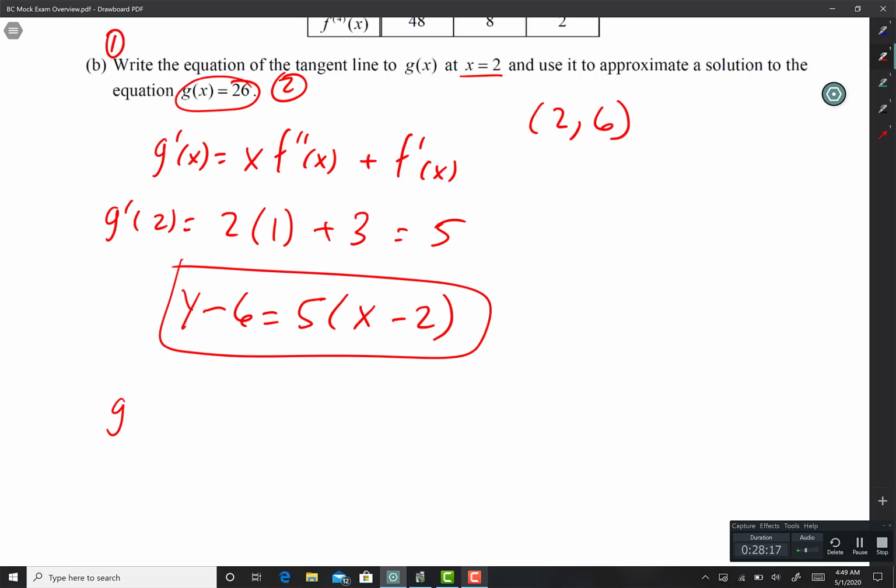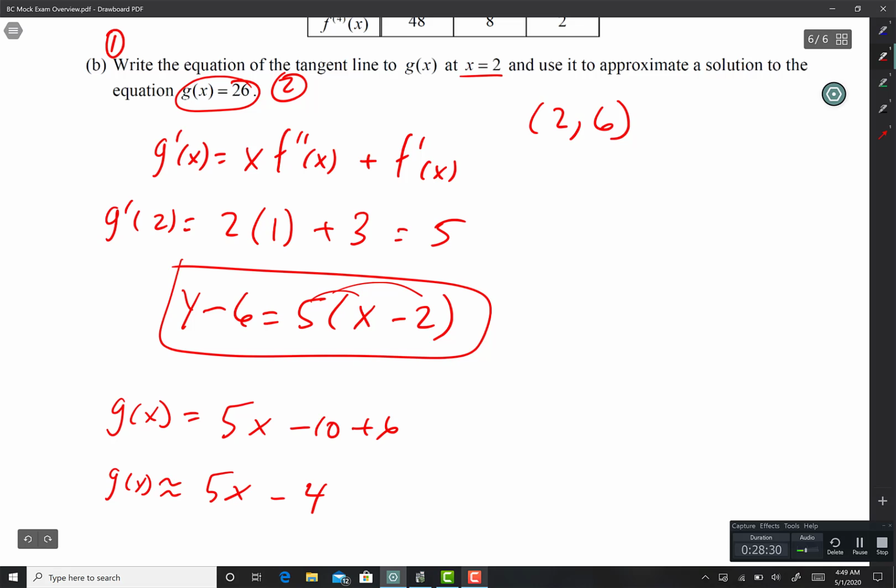So here's my linear line. 5x minus 10 plus 6. So g of x is approximately 5x minus 4, as long as you're really, really close to x equals 2.